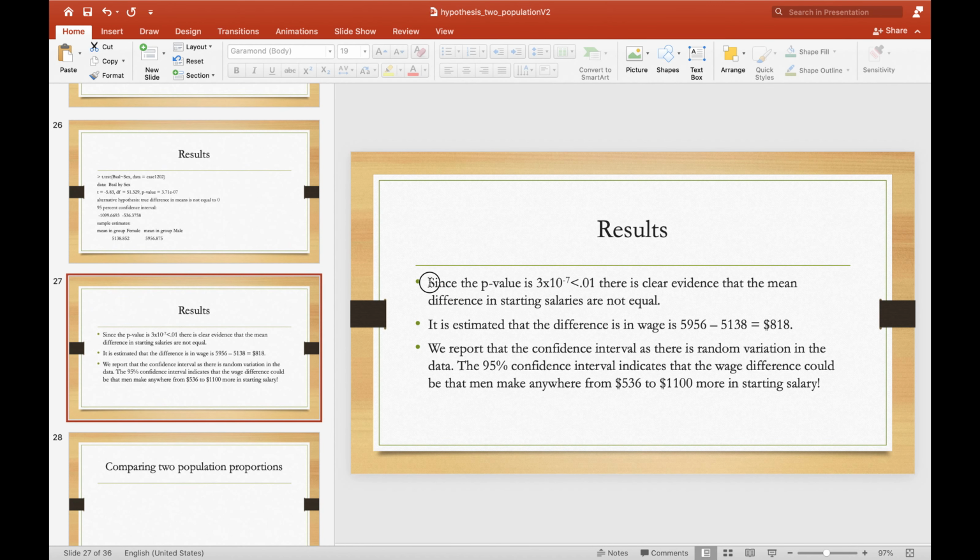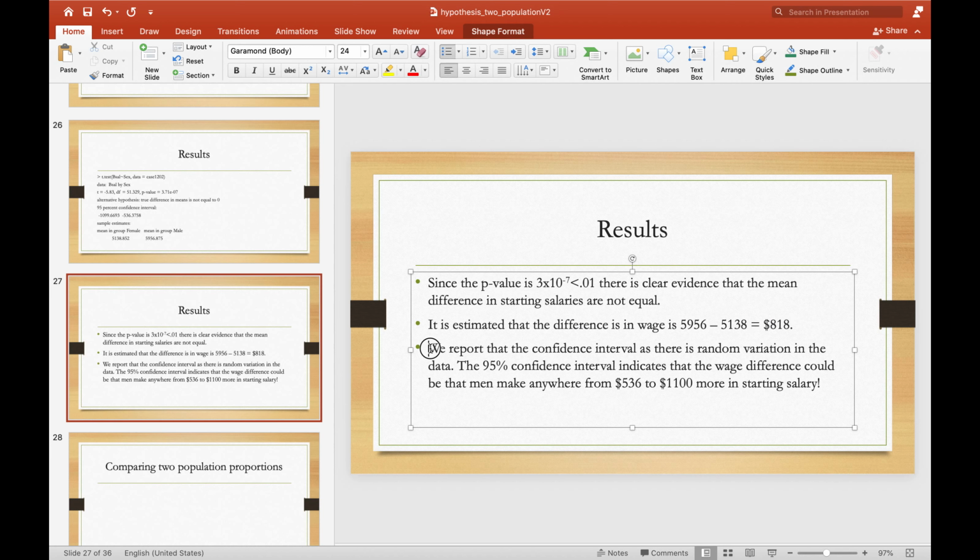So again, really important here is that we understand p-value. Since the p-value is less than 1%, we clearly reject the null hypothesis of equal means in favor of the alternative that men make more than women. The estimated wage difference is the difference in means, $818.